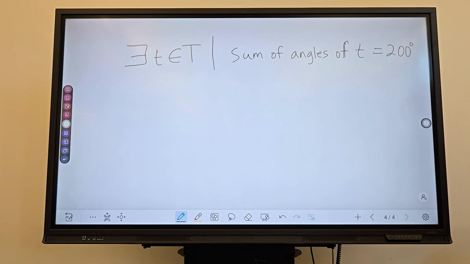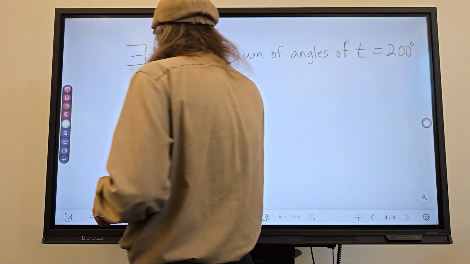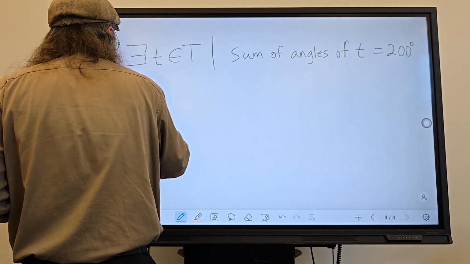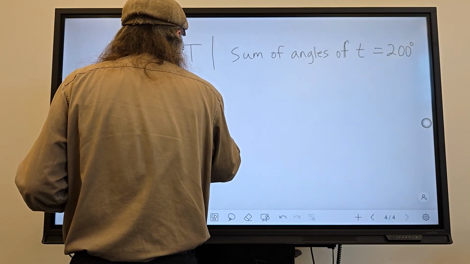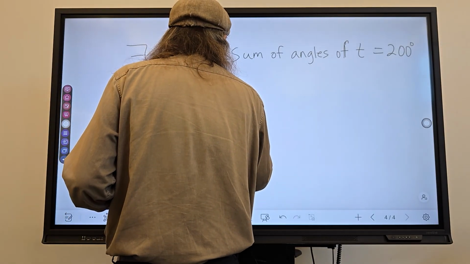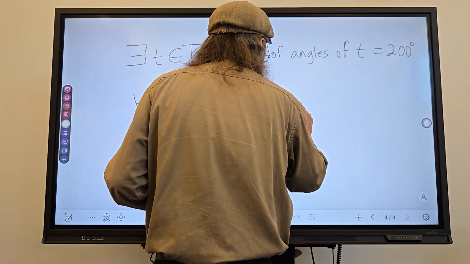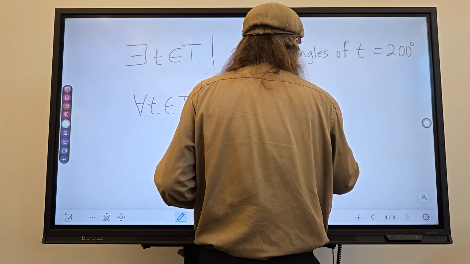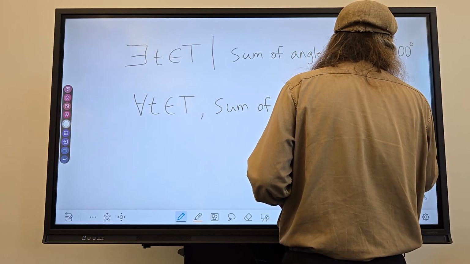The negation of that would be for all T elements of capital T, the sum of angles is not equal to 200.